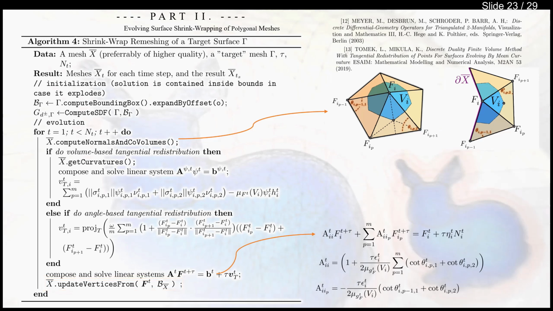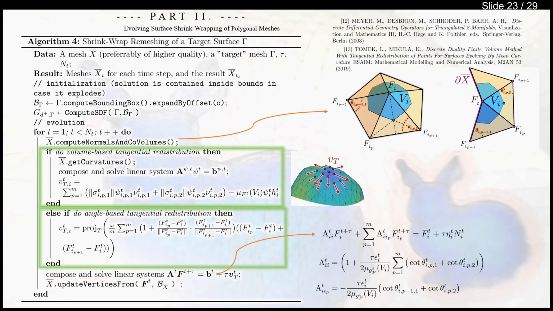Mikula and colleagues introduced a series of tangential redistributions for better control of local vertex density and polygon orientation by not allowing mesh vertices to clump together in regions with stronger curvature flow.